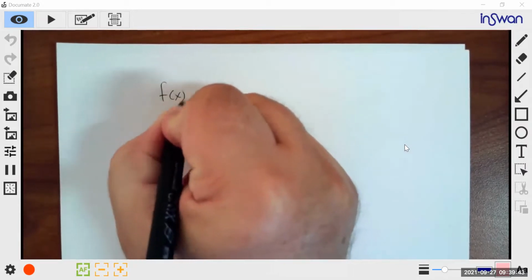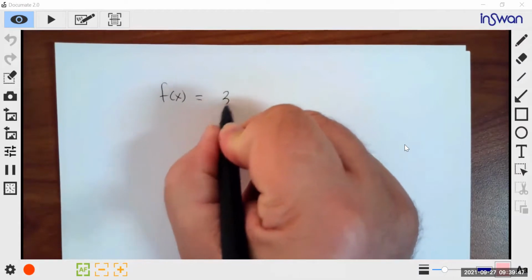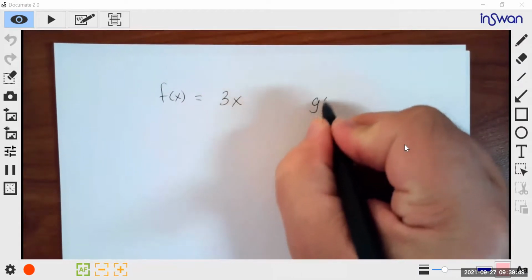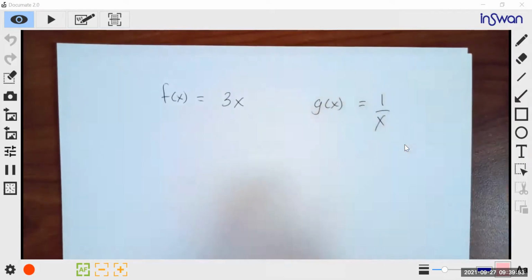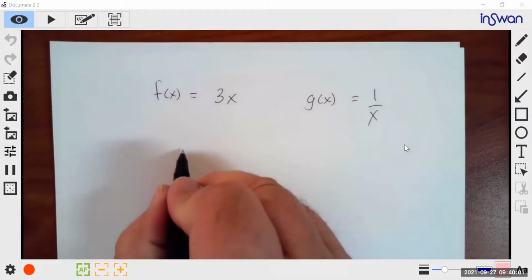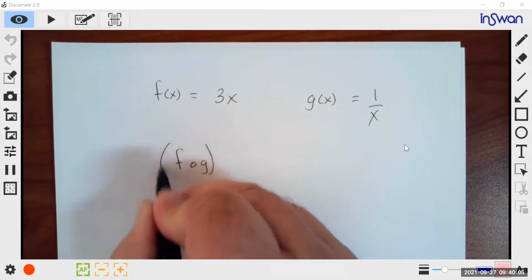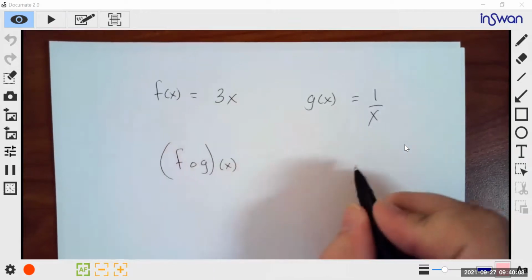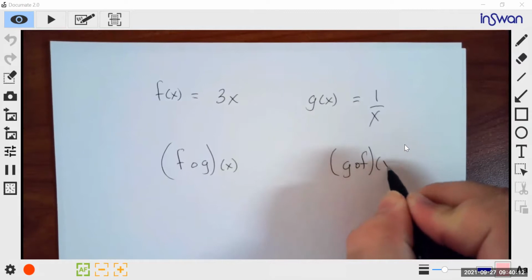F of x. Well, let me put another easy one in there. And you have the fog and the Goff.